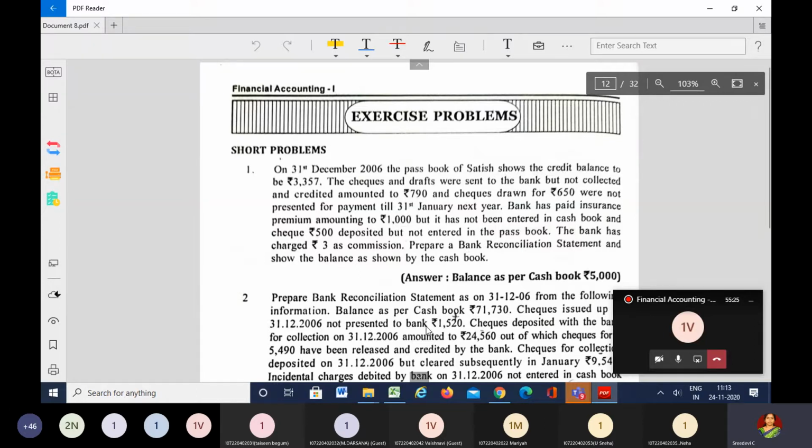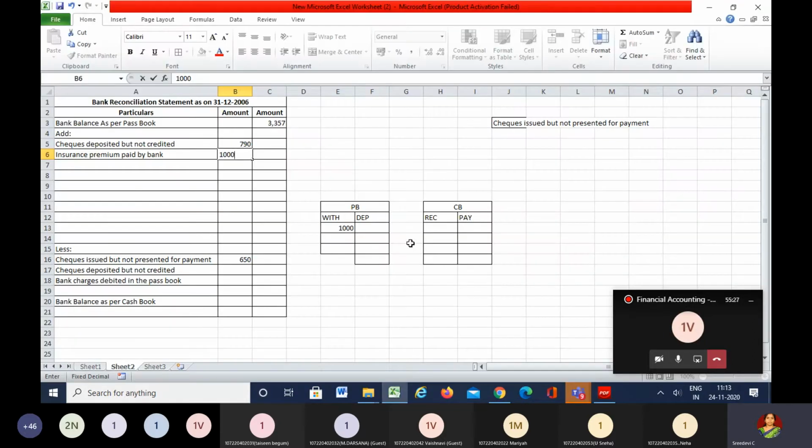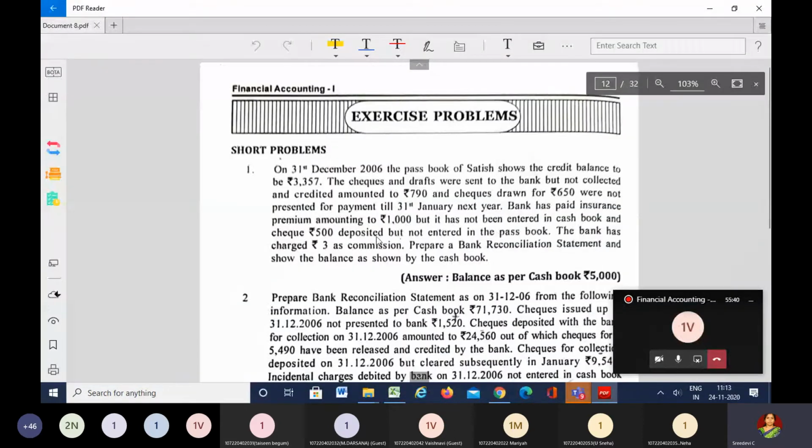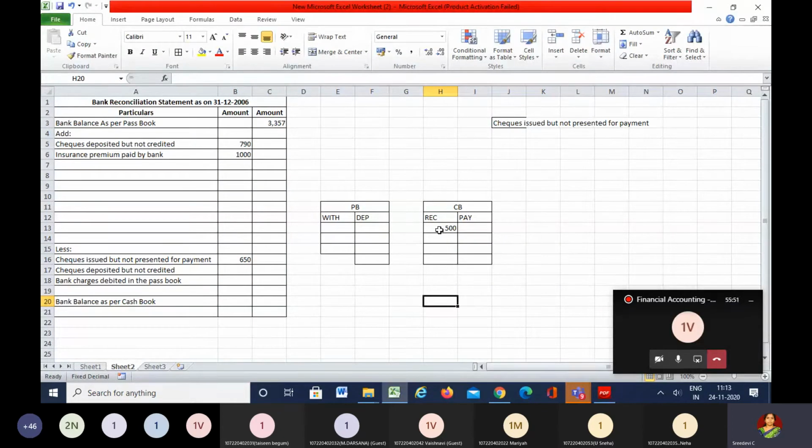So whenever the check is deposited, the first entry will be given in the cash book, on the receipt side, the bank column of the three-column cash book.